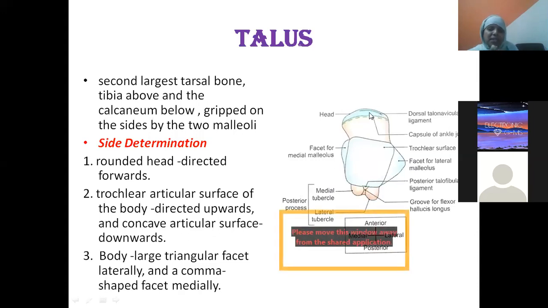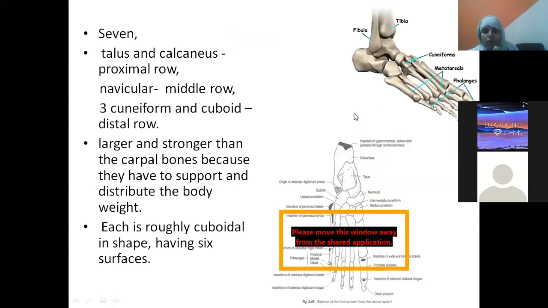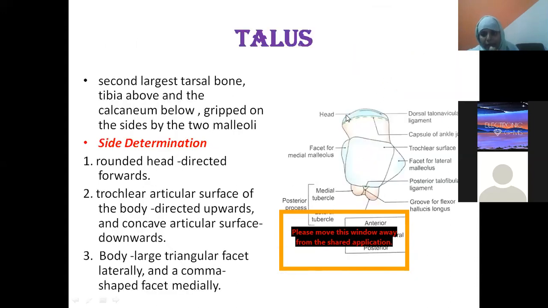What bone did we see in front, in the middle row? Navicular, right? Here is the navicular, look. So the anterior aspect of the talus articulates with which bone? The navicular bone. This is the head, covered with hyaline cartilage, and it is the place where it articulates with the navicular bone.